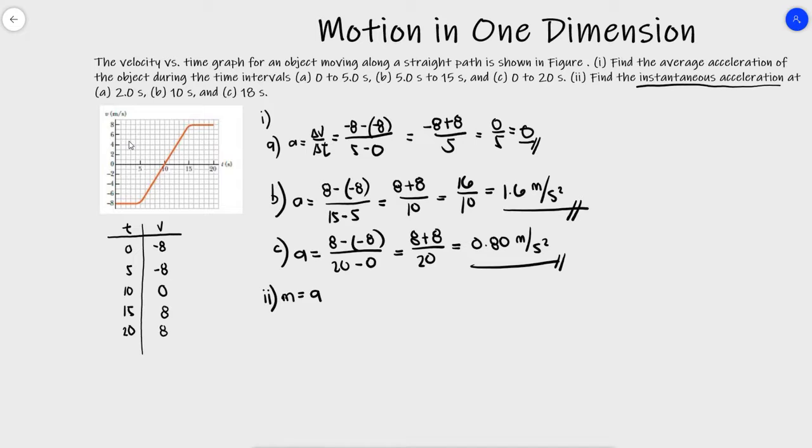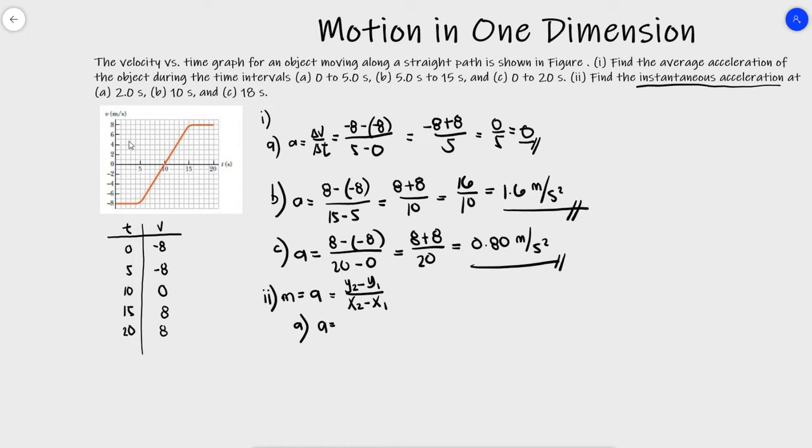Then to get the instantaneous acceleration for letter A, that is the instantaneous acceleration after 2 seconds, we get the slope of the line: y sub 2 minus y sub 1 all over x sub 2 minus x sub 1.